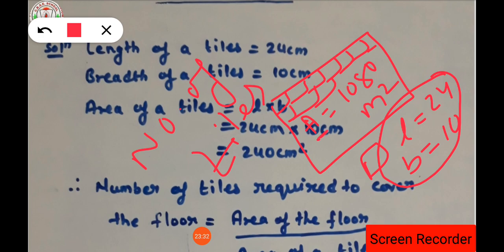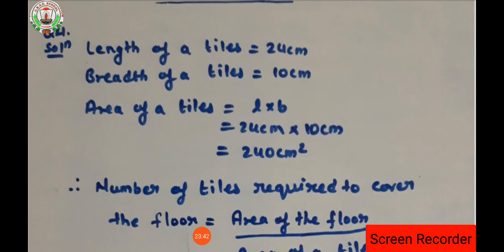Remember students, the area of the floor is given in meter square and the area of one tile is given in centimeter, so first you have to convert meter into centimeter. Clear? Here the length of the tile is 24 centimeter and the breadth is 10 centimeter.